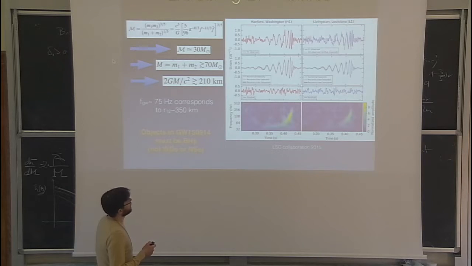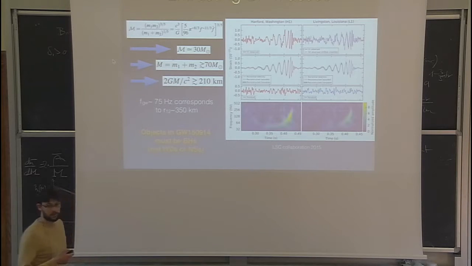And at lowest order, as we derived the other day, what enters in the post-Newtonian approximation is the chirp mass. In fact, we wrote on the blackboard the other day an expression for f dot, the rate of change of the frequency, in terms of the chirp mass of the system.